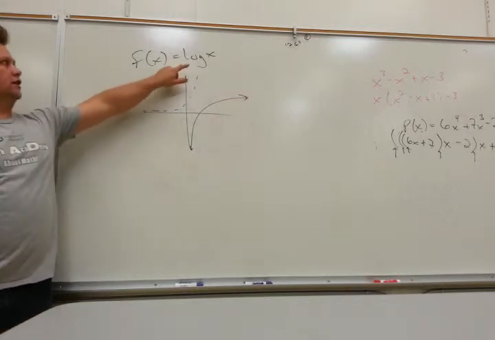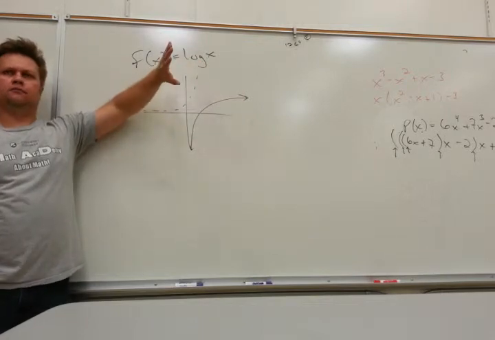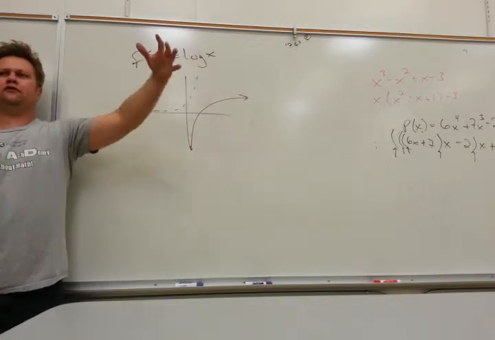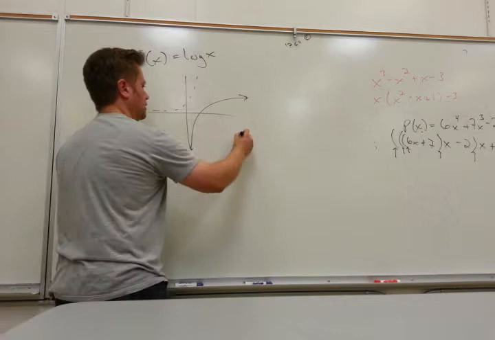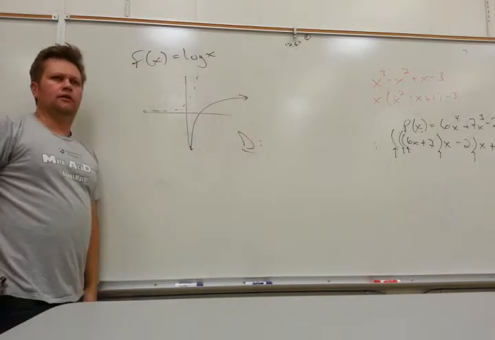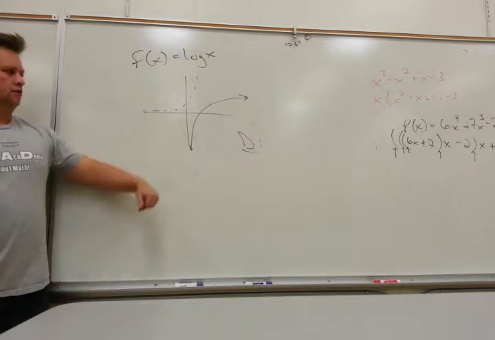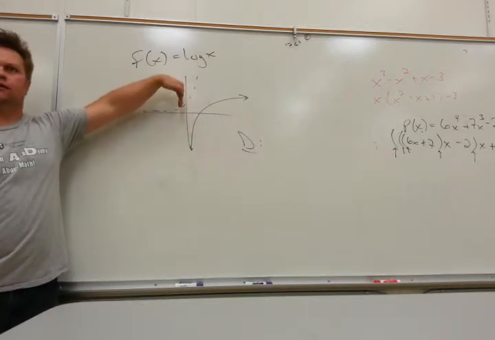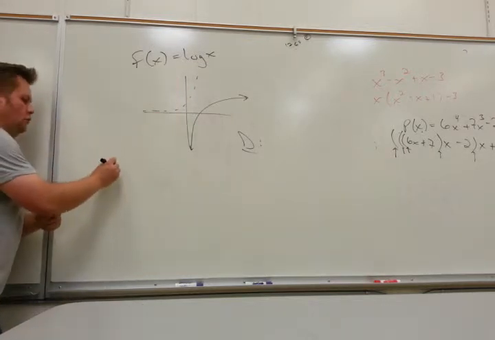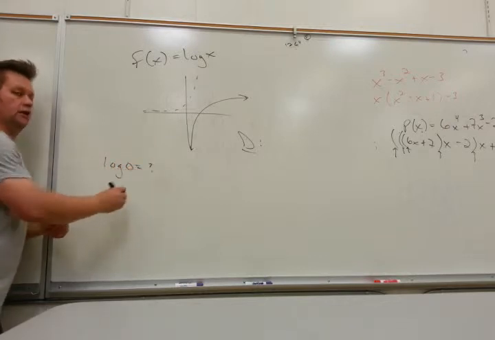So what is the domain of this logarithm by itself? What's the domain of any non-shifted logarithm? What's the lowest x can be? Careful now. Oh, 0. I can't even plug 0 in, can I? And why does it make sense? What would log of 0 have to be?